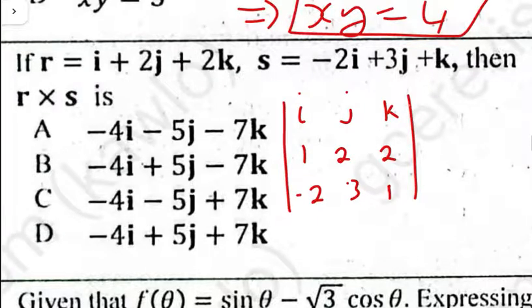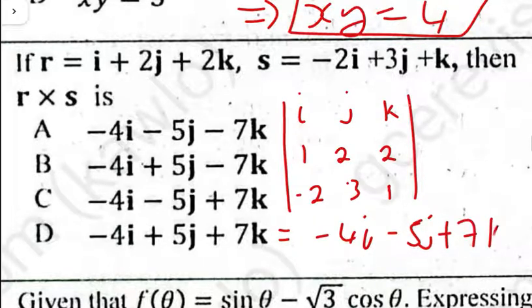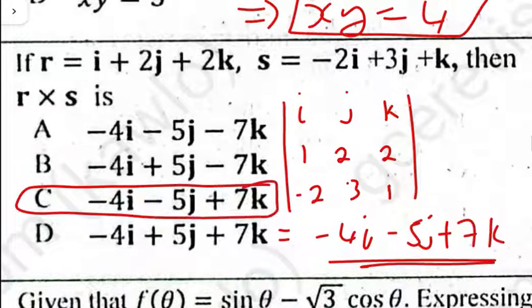So if you cross this, when you do this cross, our result is going to be negative 4i minus 5j plus 7k. Any of the methods you use. So we have C.